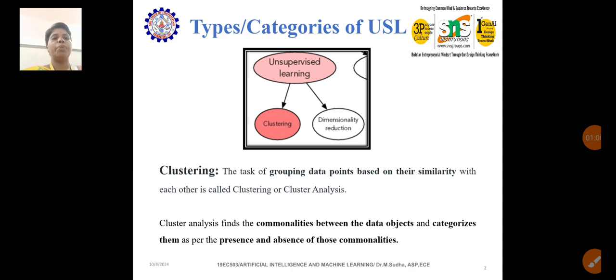We can group it based on shape, size, numbering, or some uniform categories, and the technical term here is commonalities. That means some common attributes or criteria match with each other, which is called commonalities.